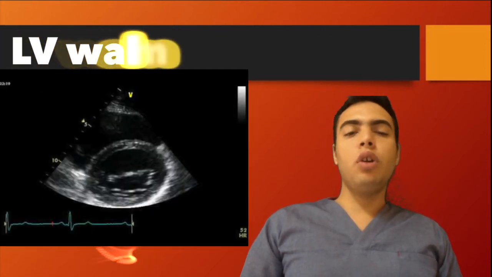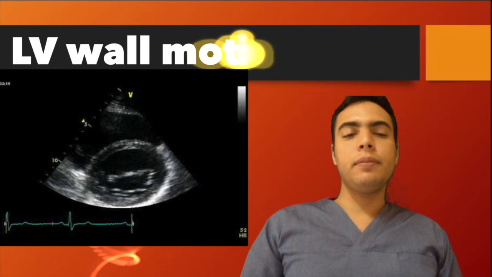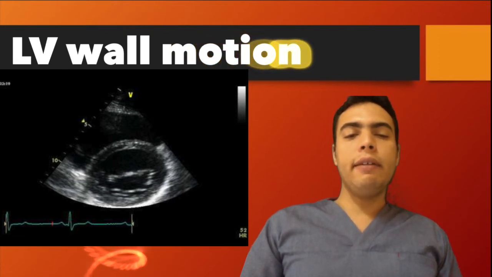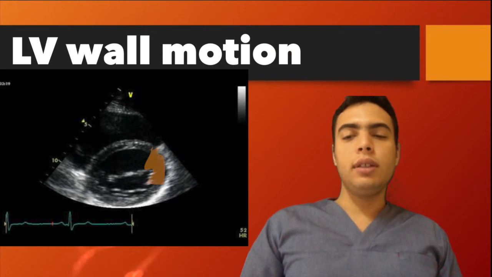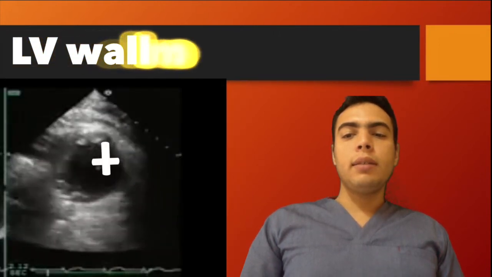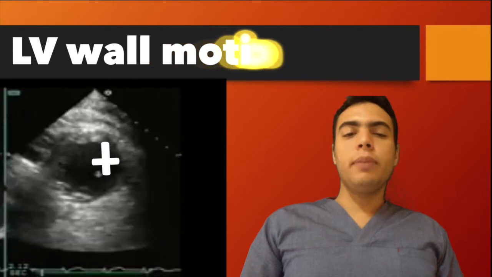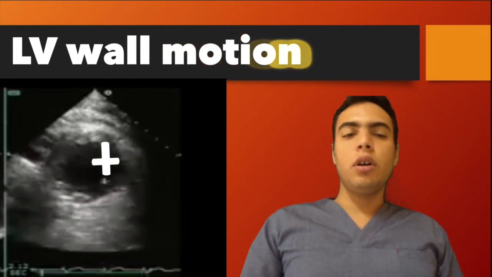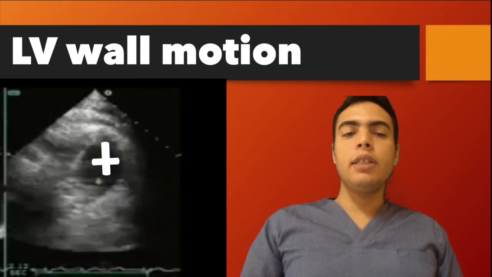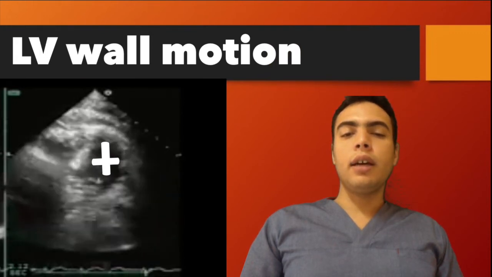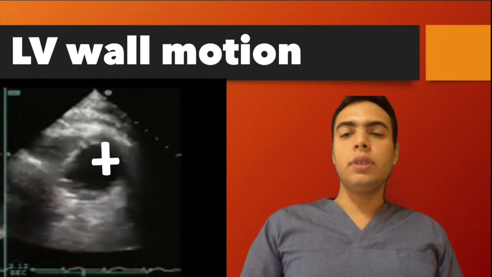And now with the wall motion of the ventricle. Actually, as you can see here is the septal wall, the anterior wall, the lateral wall, the posterior wall, and the inferior wall. We check the motion of each of these walls by adding the cursor of the echocardiography, as you see here, and check if it comes back and forth to the cursor.